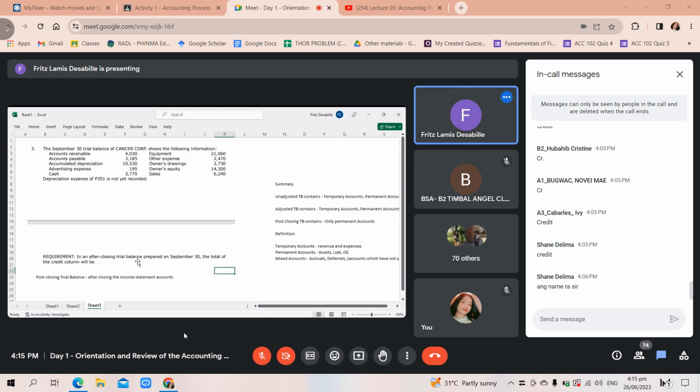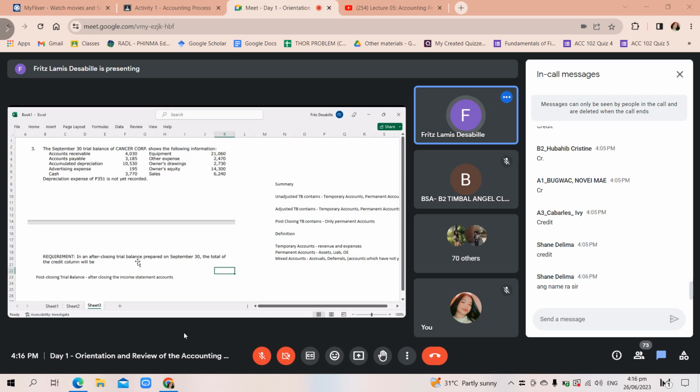Okay? So what is this? Sole proprietorship, right? Because it has an owner, a drawings account, and an owner's equity account. It is not retained earnings and it is not share capital.